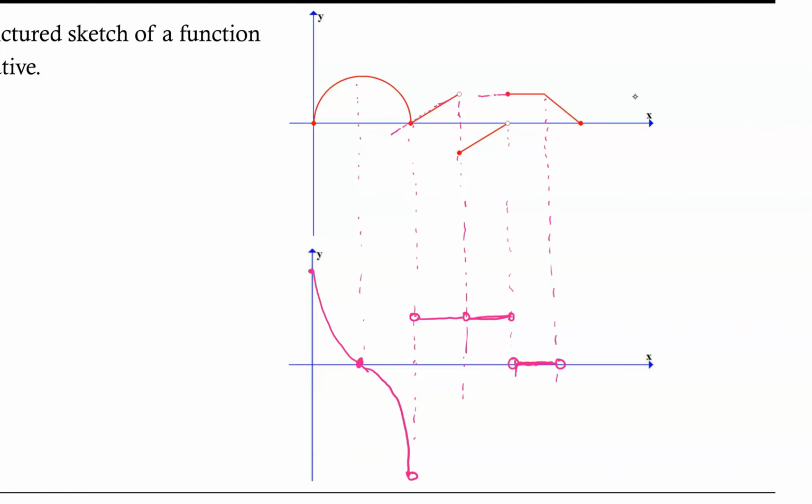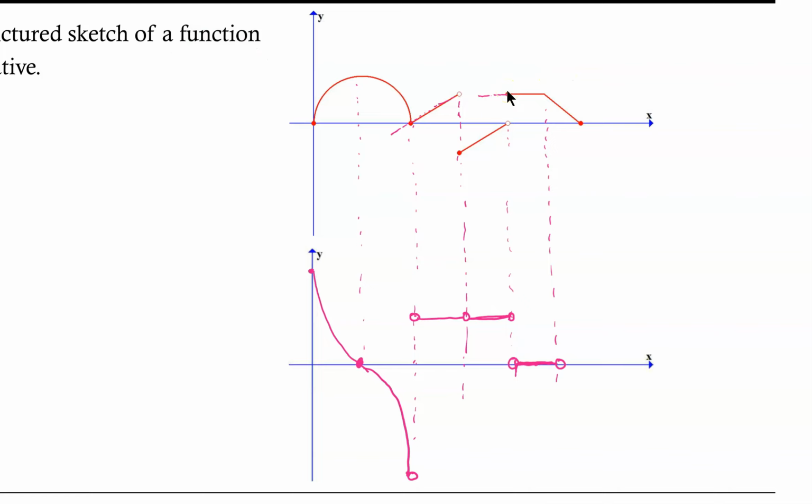So for example, at this corner here, I could have a horizontal tangent line. I could have a tangent line that looks like this. I could have another tangent line in here. There's actually an infinite number of tangent lines that I could have at this corner. And because that tangent line is not unique, the derivative does not exist there.